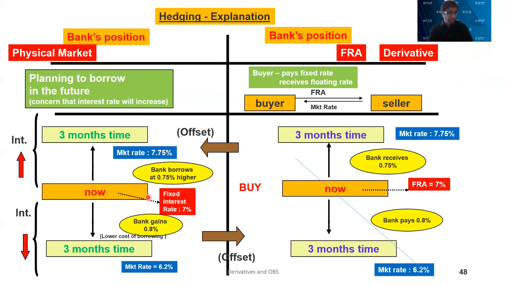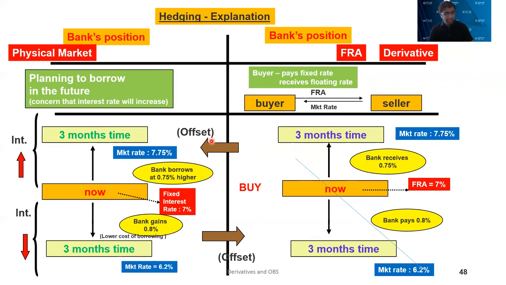So in this case, you want to hedge these changes in the interest rate. So you go to a contract and you make an FRA contract for 7%. If the rate goes to 7.75, this counterparty will offset your losses. And they will give you how much? Actually the 0.75, but we don't say the 75 basis points, we have to calculate it.